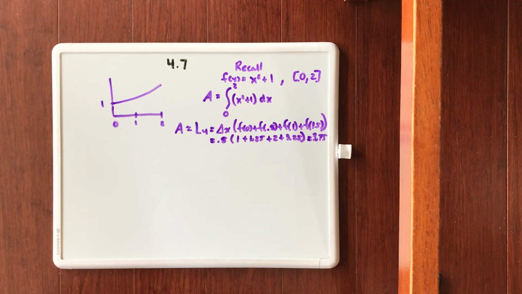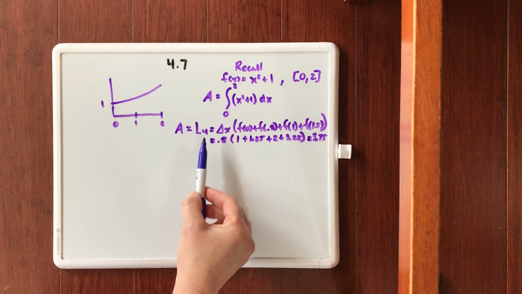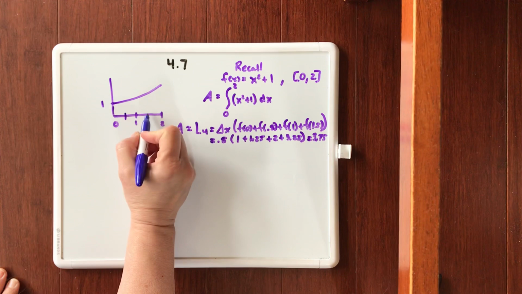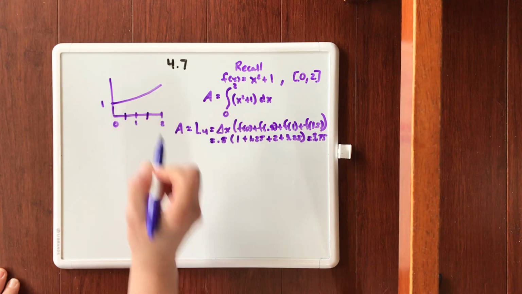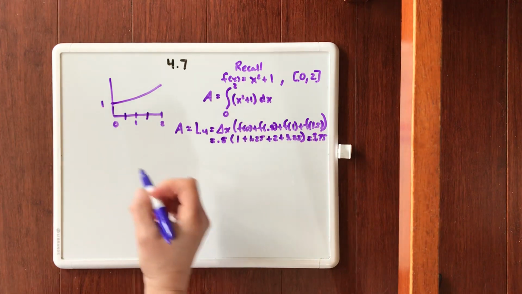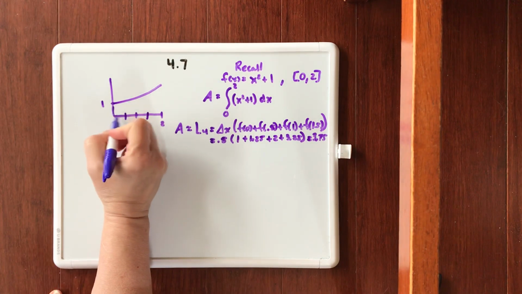We had talked about doing the left rectangular approximation. So the area approximates the L4, where we split this up into 4 equal subdivisions. There are 1, 2, 3, 4. And then we took left rectangles, so we started from the left. Think of it this way.